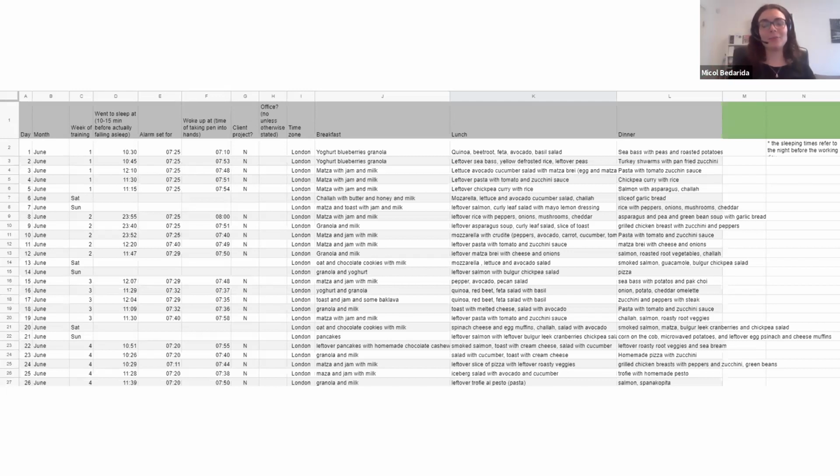So I added a column to my data set where I recorded whether or not I was commuting into the office. I also worked from abroad for 2 weeks in the summer. And so at that point, I added a time zone column into my data set to see whether that had any effect on my sleep patterns.